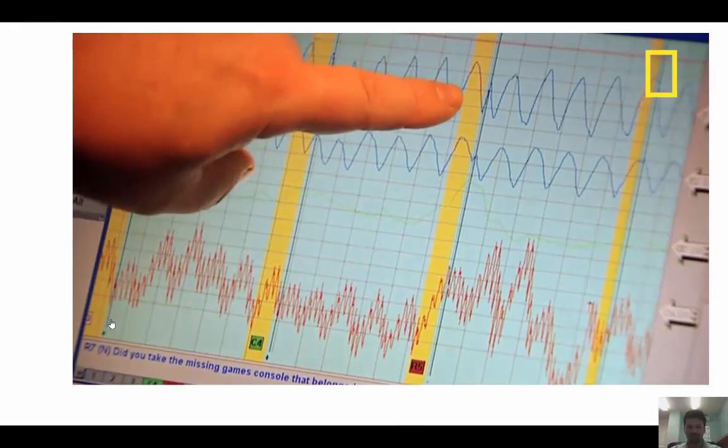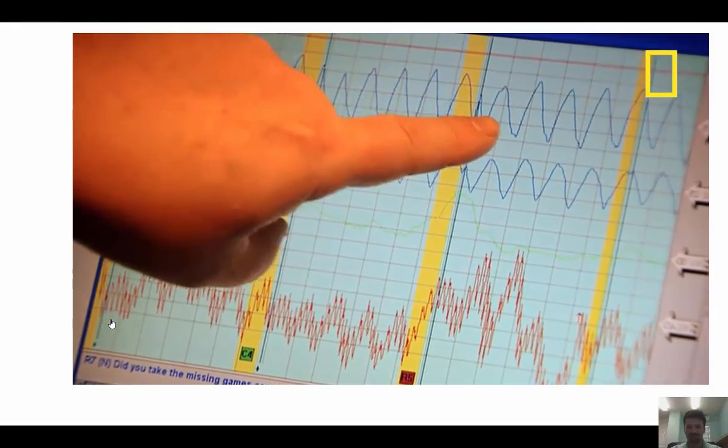Well, Johnny, it would come at the end of your test, and I'm afraid to tell you that you actually failed the test. There's one particular question, which was, did you take the missing games console from the bench in the lab? And it shows a significant change in your breathing, in your galvanic sweat resistance, and your blood pressure. You failed one question, so you failed the entire test. I'd made a fatal error.